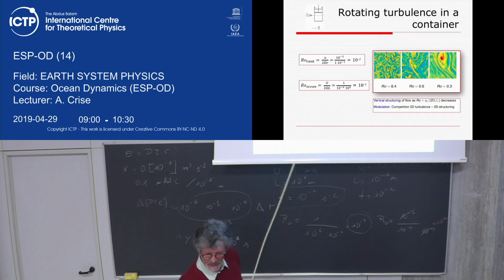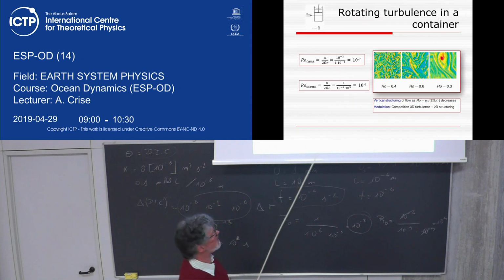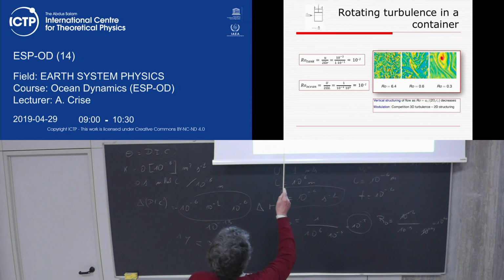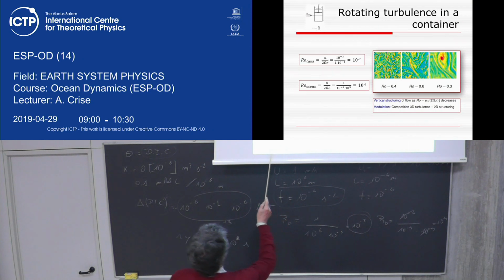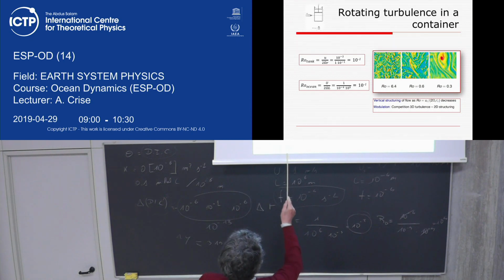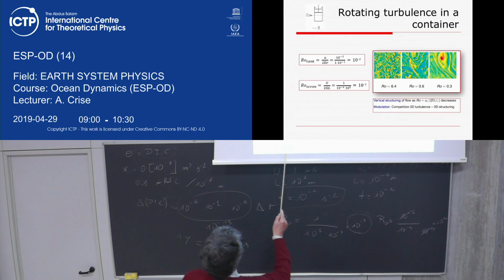I don't want to enter into detail on what turbulence is, but imagine you have a rotating tank here, you have a laser here, some particles, and you have a camera here, which moves with the same speed as the rotating tank. This is transparent, so you can see it.